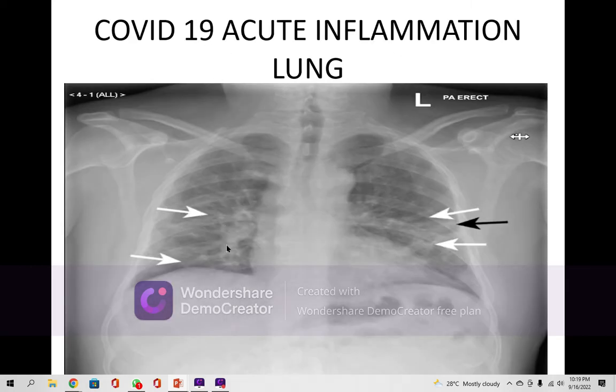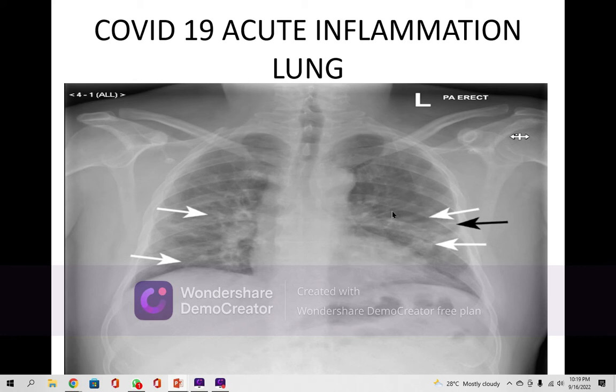COVID-19 acute inflammation, this is a very characteristic X-ray. And you see this is the hilar and perihilar shadow. Look here. There are streaks coming out, nodulations are seen here. Definite reticulation is not seen.